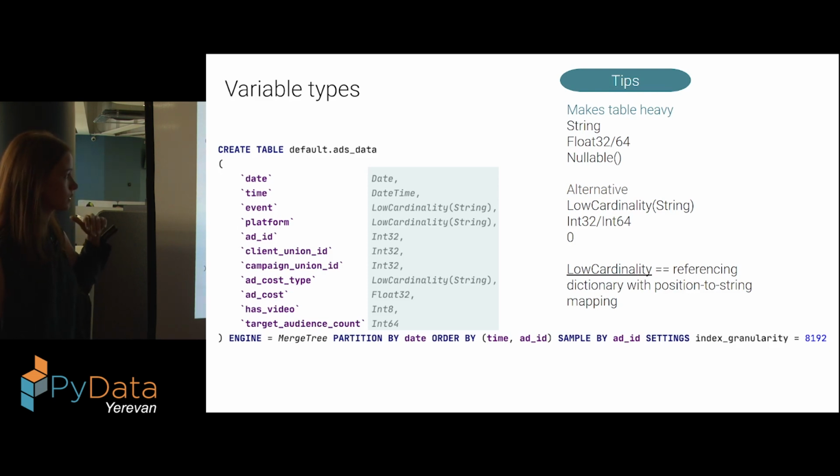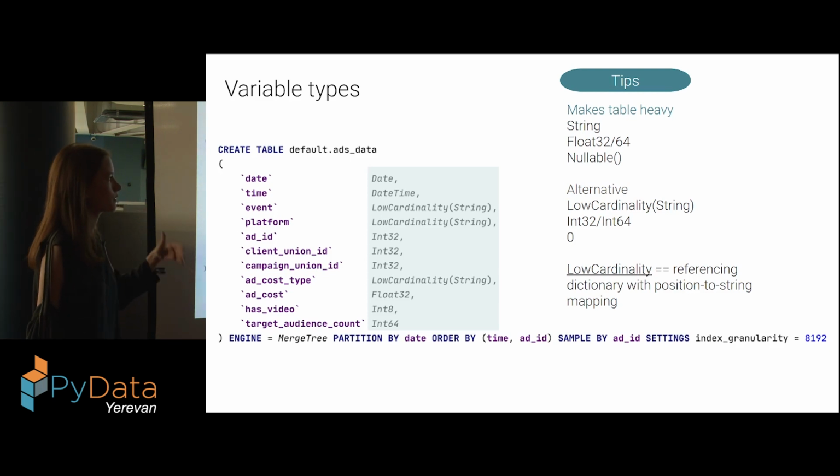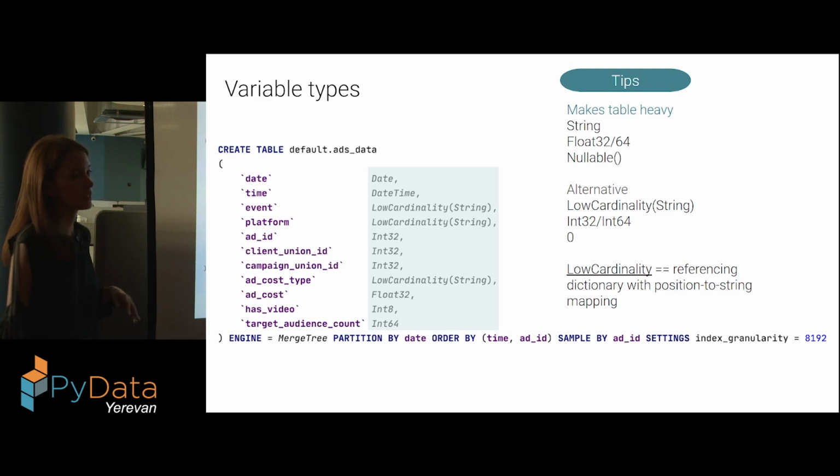You need to use it only for lists of strings that have not more than, I would say, 20 or 30 unique values. If you have more values, for example, you write down strings with text from your comments section, and every string differs from the previous one, then low cardinality probably will not help you a lot.